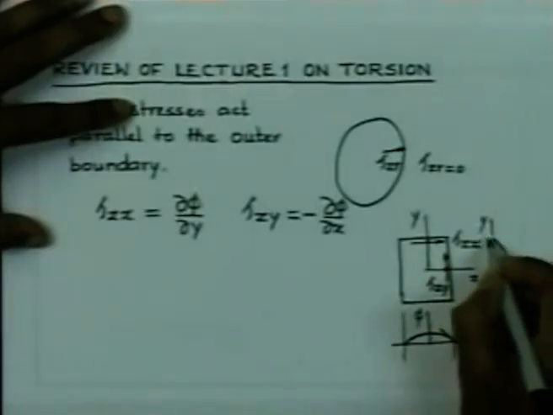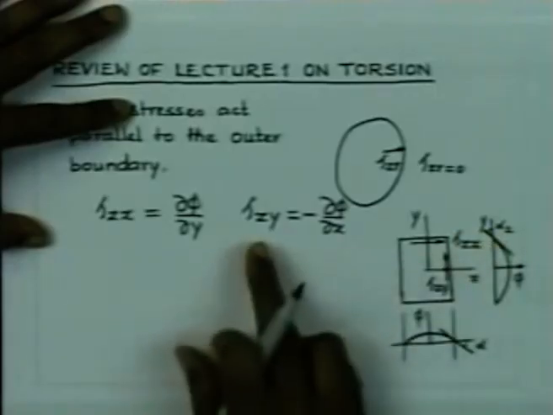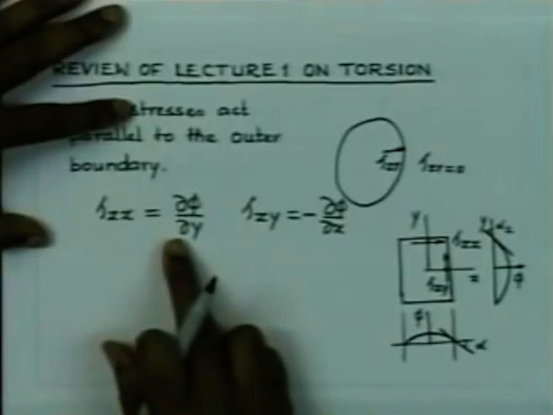Then at this point, if I take the slope of the phi surface, this angle alpha 2, the tangent of that angle will give us the magnitude of the stress tau zx.